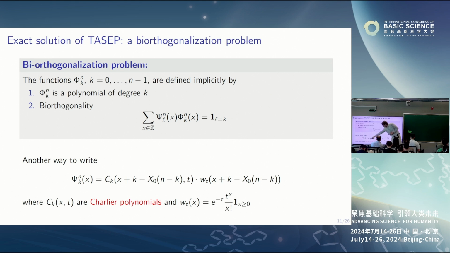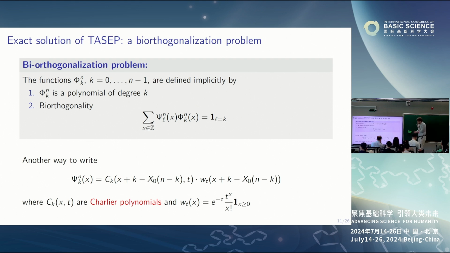So I take the Charlier polynomial, I shift its argument by x naught, which is the initial location of a suitable particle, and then I multiply by the respective Poissonian weight. Okay. So in other words, we need to find a family of polynomials which biorthogonalize such shifted and weighted Charlier polynomials.